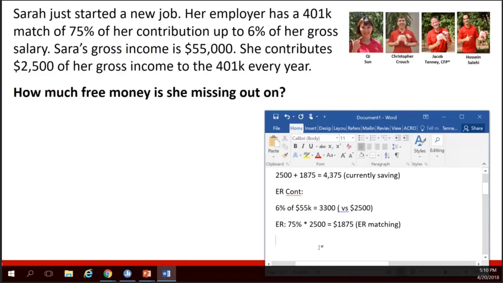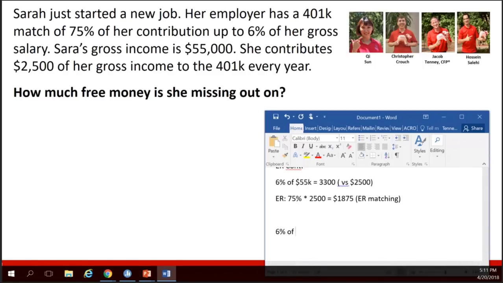So first step is to again calculate the 6% of her gross income, which is 300, okay? And then her employer is willing to put 75% of her 300, which is 2,475, right?